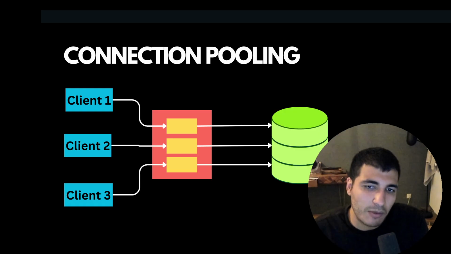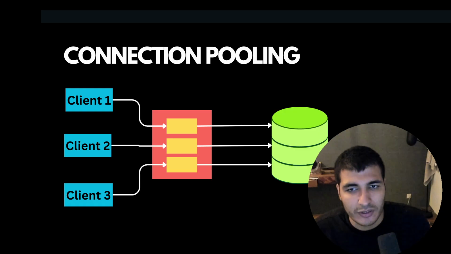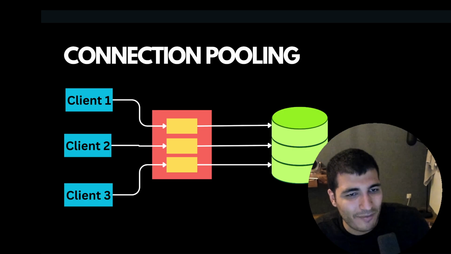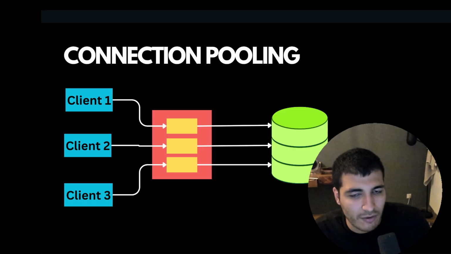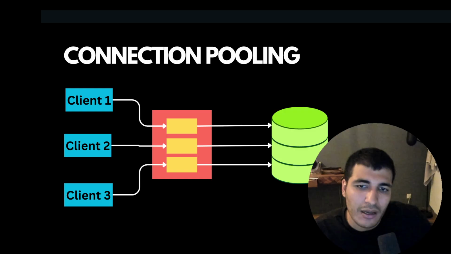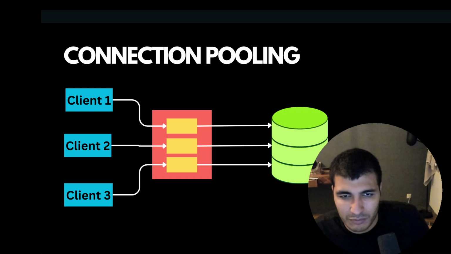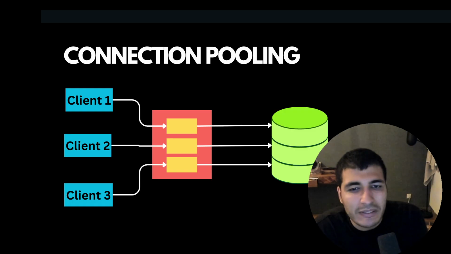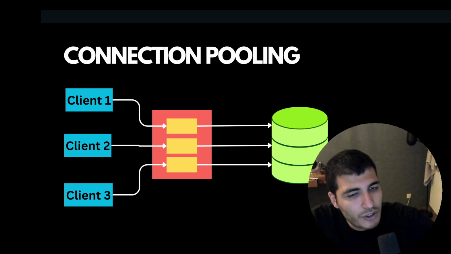Instead of establishing a new connection to the database every time a request comes in and closing it afterward, which can be quite resource intensive and time consuming, connection pooling maintains a pool of ready-to-use database connections.